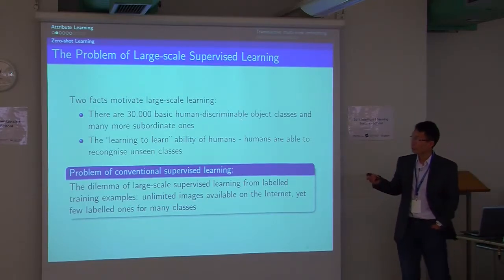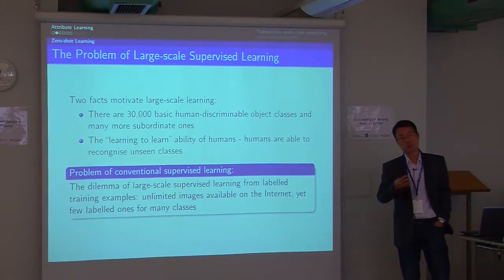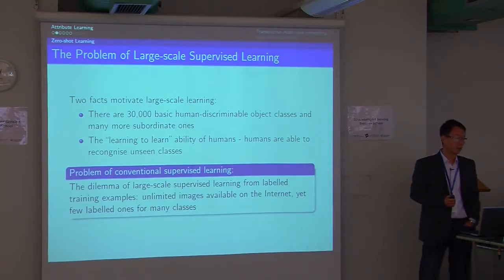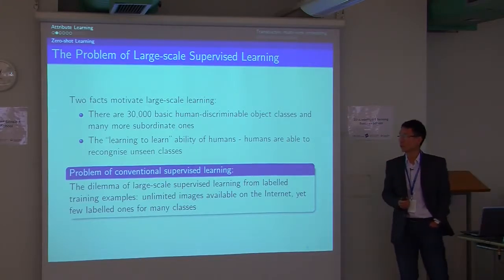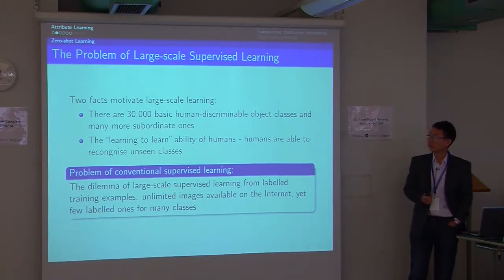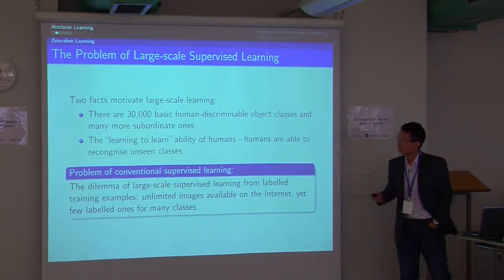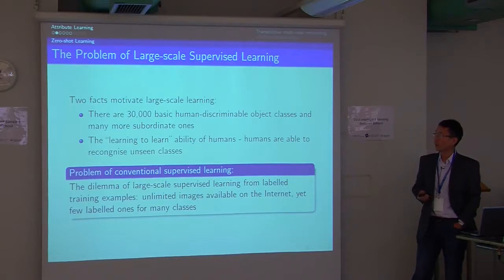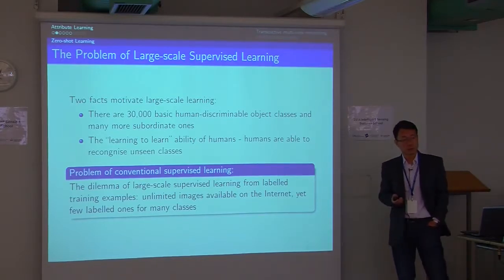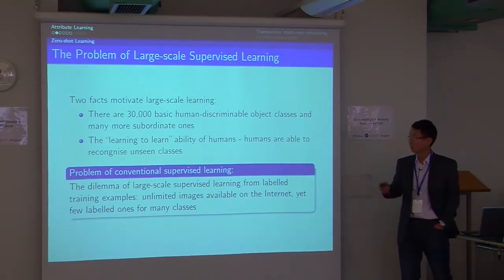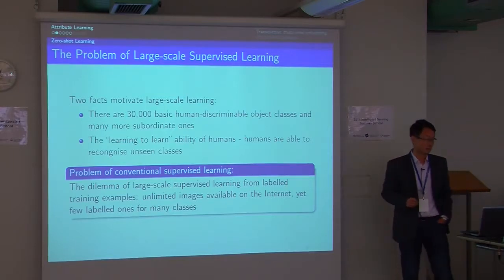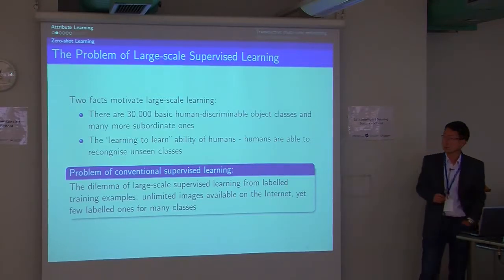But if you look at human ability, because computer vision fundamentally tries to reproduce the ability of vision for humans, humans can recognize over 30,000 basic categories of objects. This is based on some psychological and psychophysical studies.